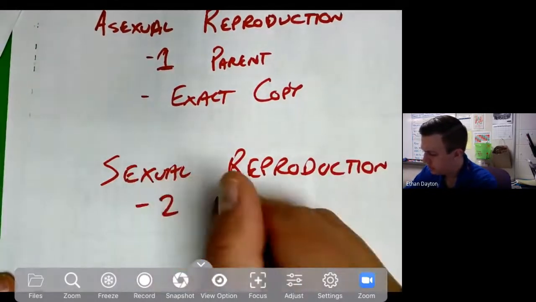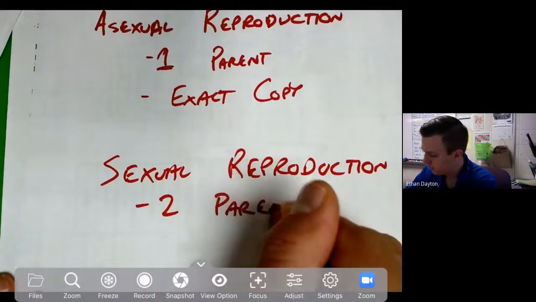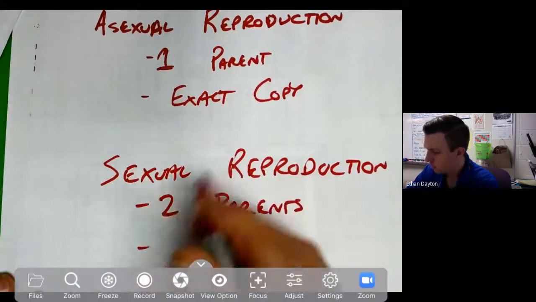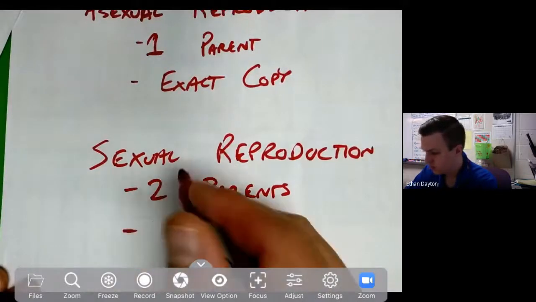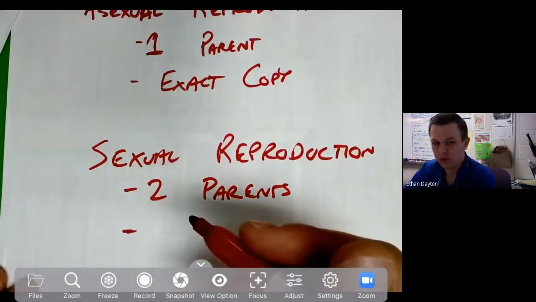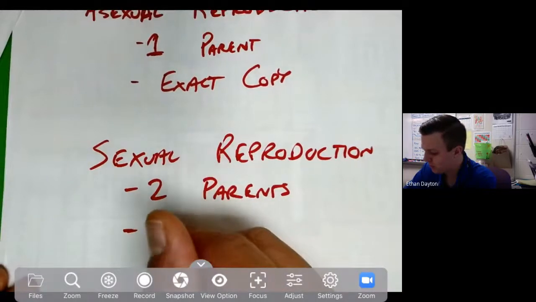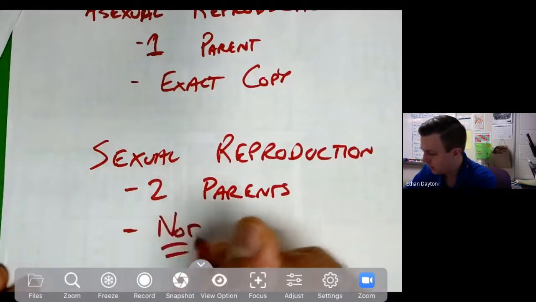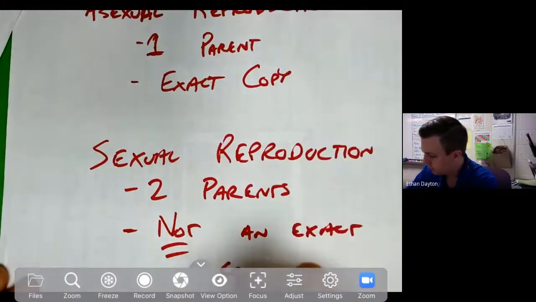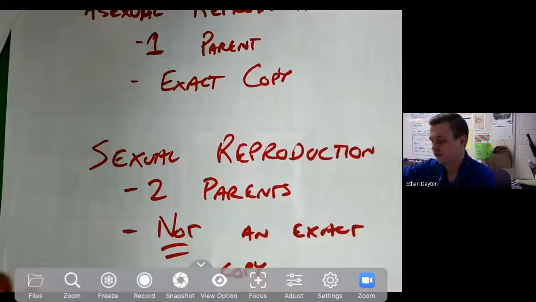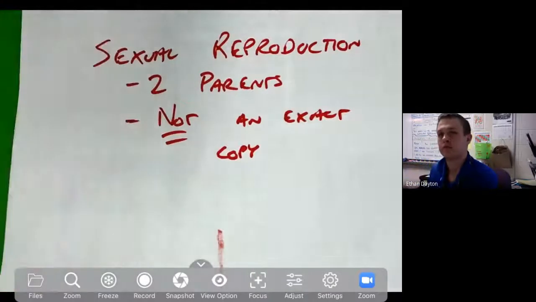That requires two parents. The offspring, or the thing that is born of the two parents, is not an exact copy. There are differences in the offspring.